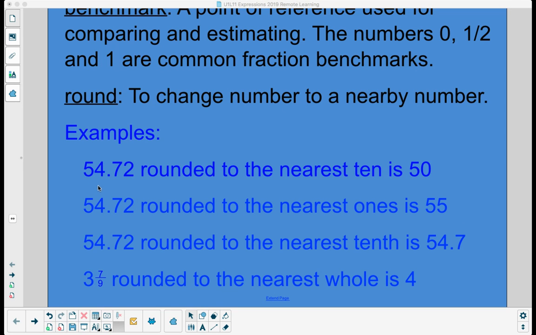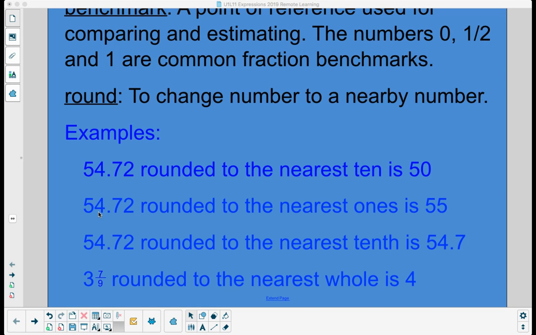How does it work? When I'm rounding to the nearest tens, it takes 5 ones to be halfway or further. See, we're still using the benchmark halfway. It takes 5 ones to be halfway to another 10. Since I don't have 5 ones, I just round down to 50.